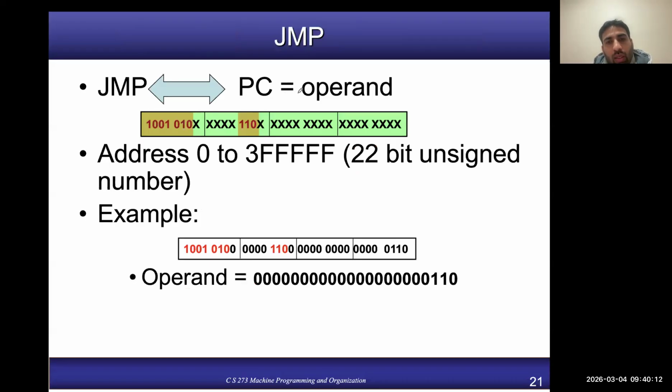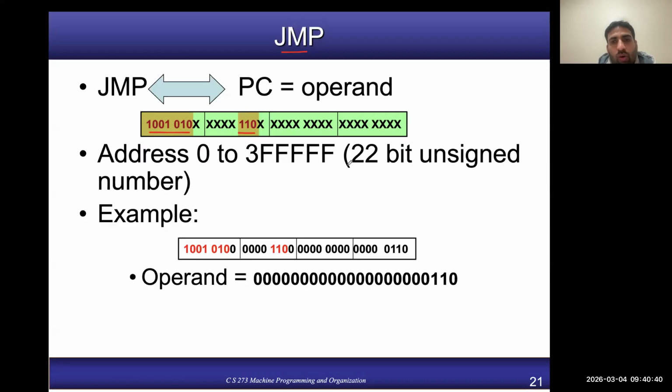In case of the jump instruction, as we said in the previous slide, PC is set equal to the operand. The instruction itself is 4 bytes long. The bits shown in red are reserved for the opcode, and the opcode is fixed, and all other bits are used to hold the destination address of the target.